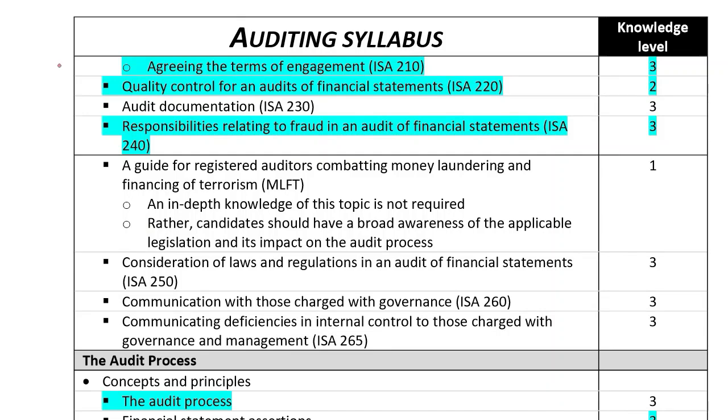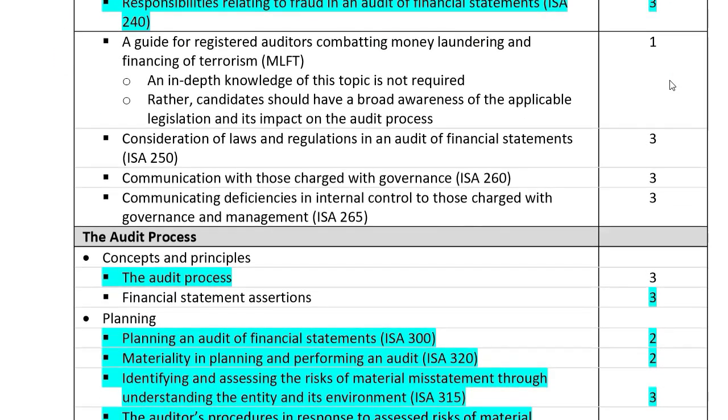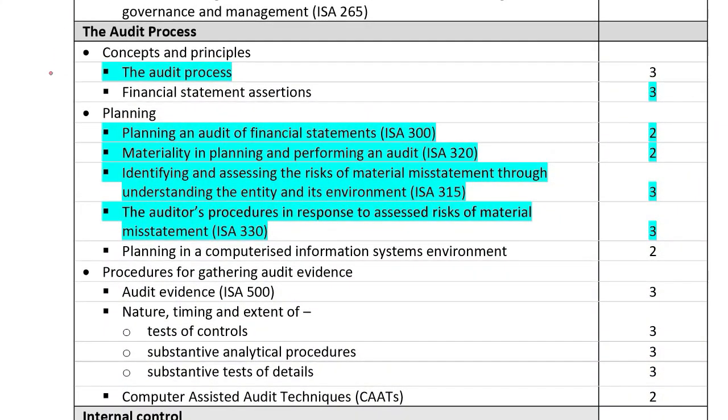In week 1, we will still be doing agreeing the terms, which is a level 3. Quality management for the audit of financial statements, ISA 220, is a level 2. So we come down to the audit process. We are addressing the audit process in week 1, and it's a level 3. And the rest of the standards that have been highlighted will be addressed in weeks 2 to 4.